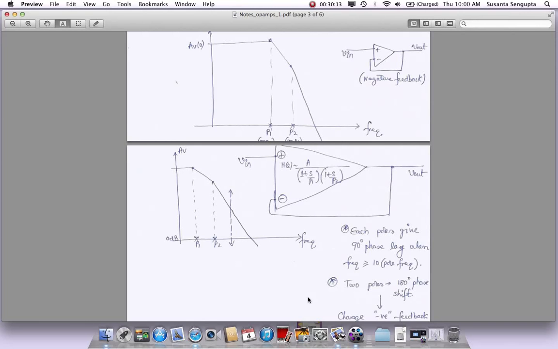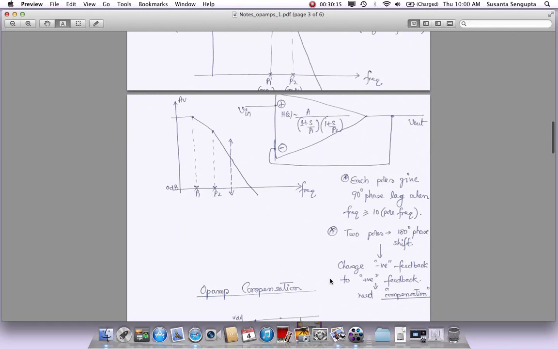The other point I missed is, what is the criteria for a positive feedback system to undergo oscillations? It has two criteria. One is the phase shift has to be 0 degree or 360 degree, which is what we talked about. We have 180 degree from here anyway, and then we are adding another 180 to make it 360. But that is not the only criteria for oscillation. The other criteria is the gain also has to be more than 1.